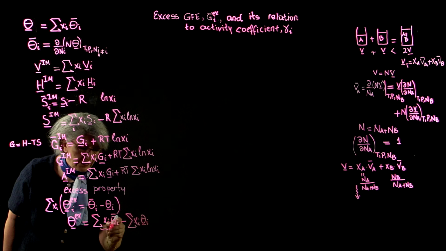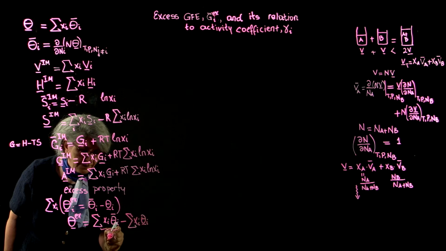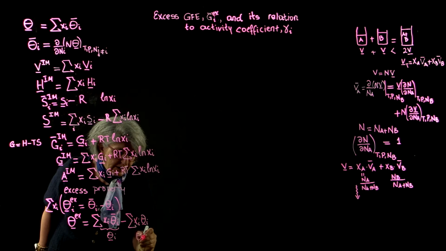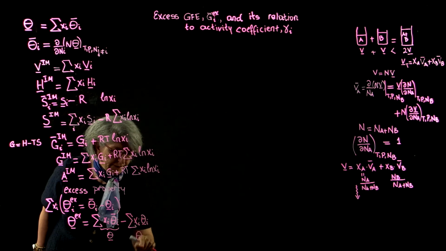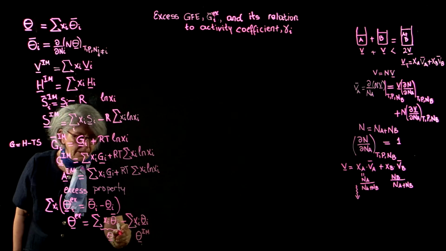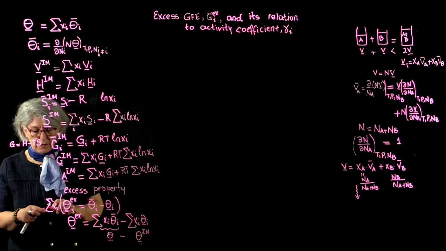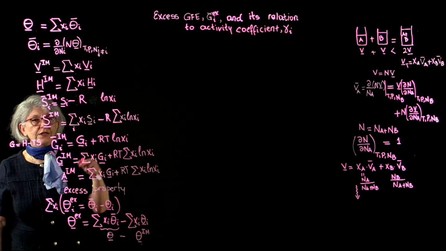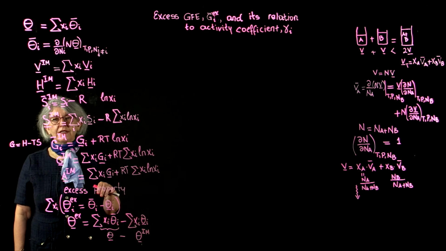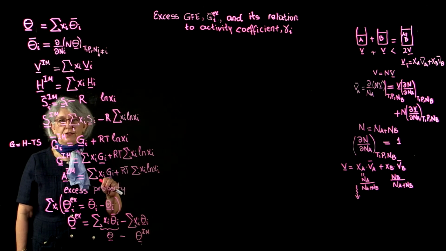All right, so this is theta, the total of it, and this is theta of ideal mixture. Okay? So from here we are going to derive the excess Gibbs free energy, partial molar excess Gibbs free energy, and relate that to the activity coefficient.